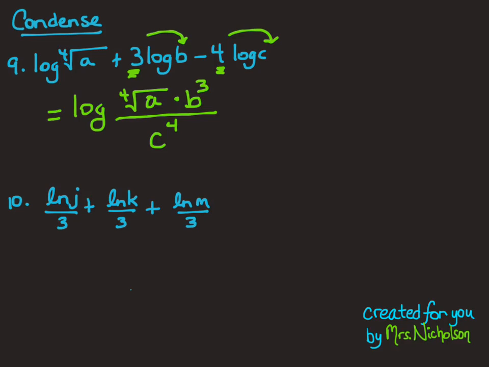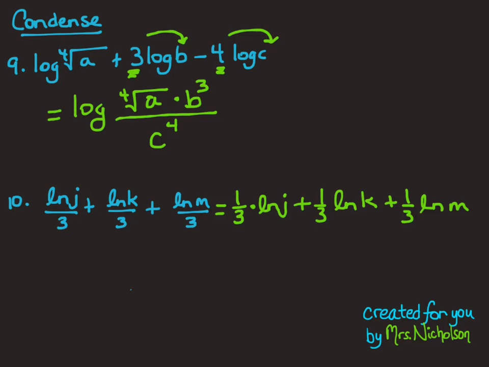All right, in question number 10, natural log of j divided by 3 plus natural log of k divided by 3 plus the natural log of m divided by 3. It might be easier to picture what to do on this question if we look at this as 1/3 times natural log of j plus 1/3 times the natural log of k plus 1/3 times the natural log of m.